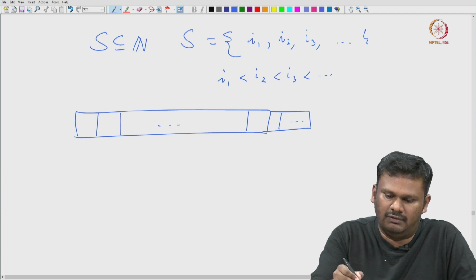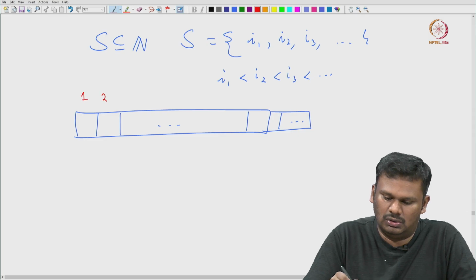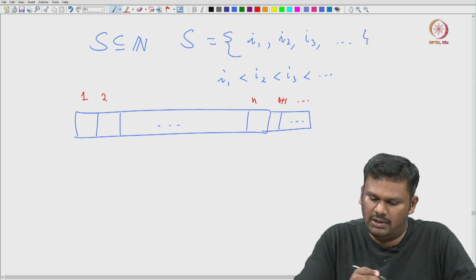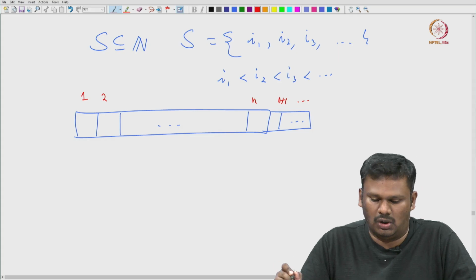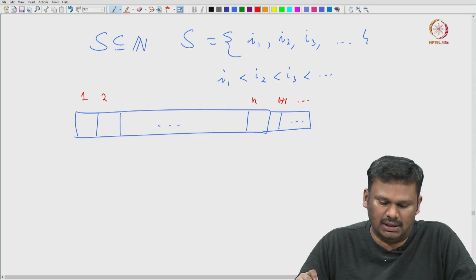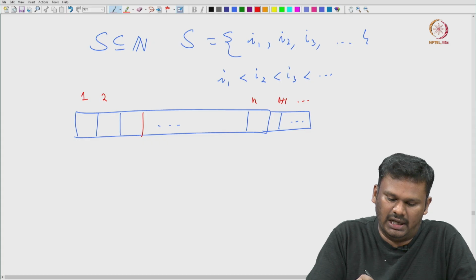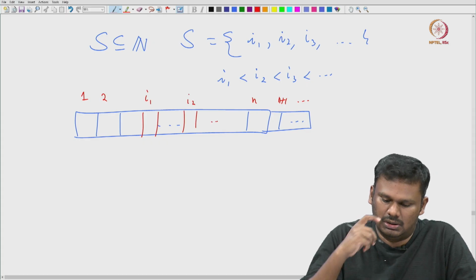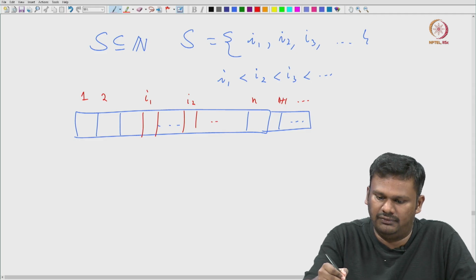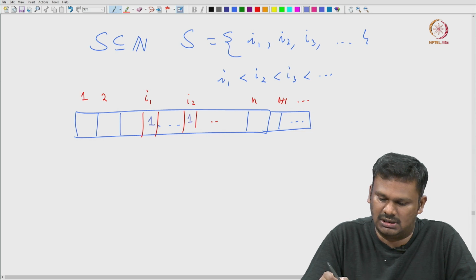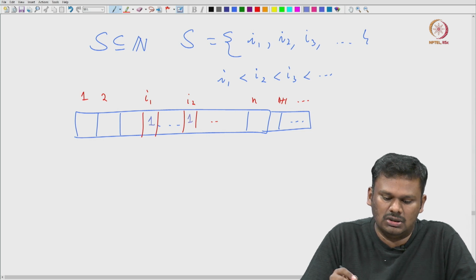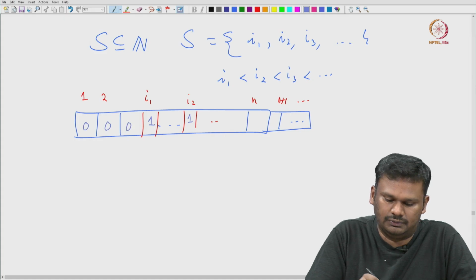This is 1, this is 2, this is some n plus 1 and so on. We think of this tuple as filling in these boxes. Then you can see that we will have i1 at some place and then i2 at some place and so on. All we are going to do is fill those boxes with the number 1, and the remaining boxes we fill with 0.